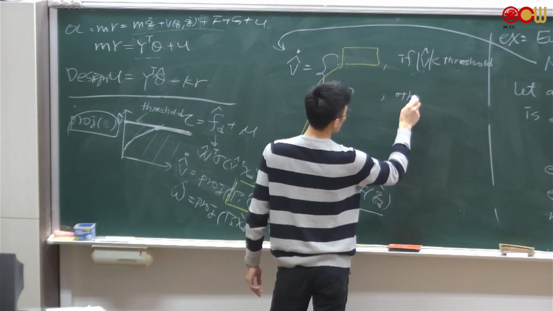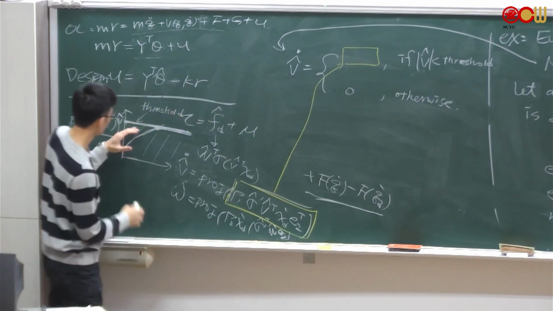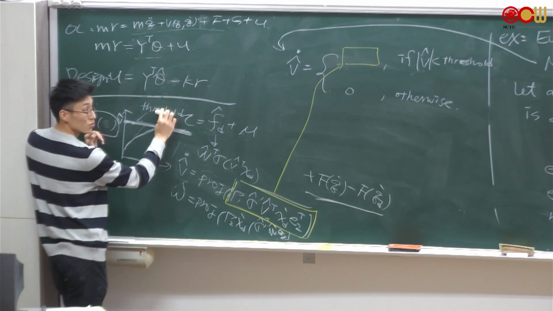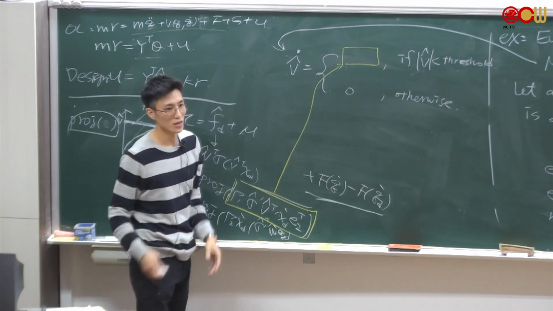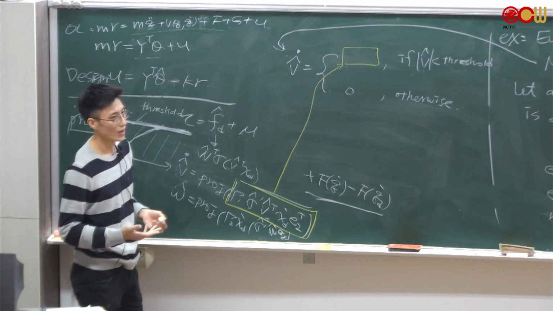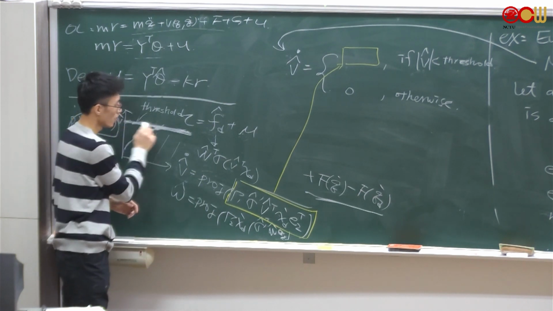Otherwise, if it's on the line or beyond this region, V hat dot will be 0. It stops doing integration. The value will hold constant. V hat will hold constant.